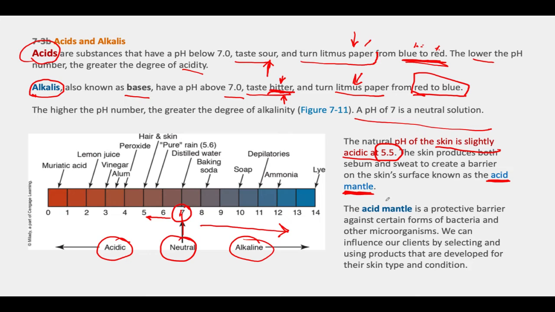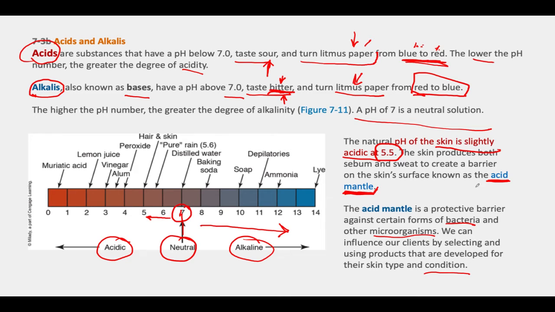As a result, the products that we use or recommend to clients need to take care of that acid mantle. The acid mantle is a protective barrier against certain forms of bacteria and other microorganisms. We can influence our clients by selecting and using products that are developed for their skin type and condition.